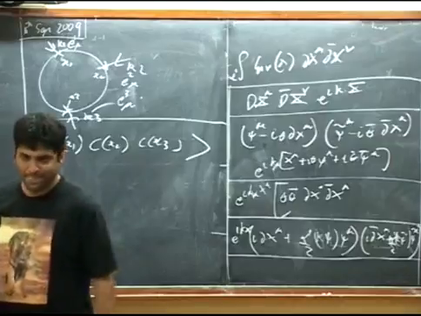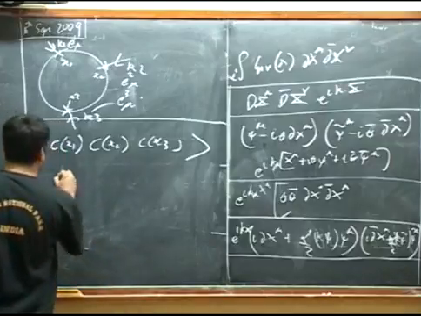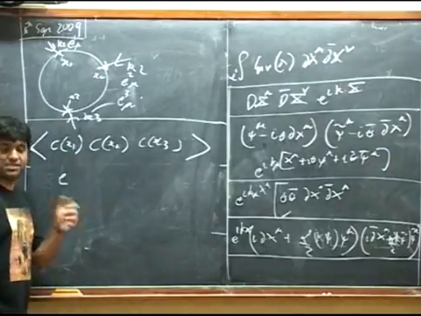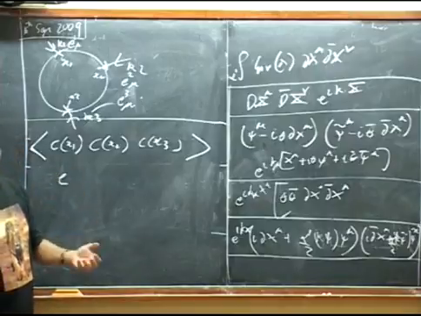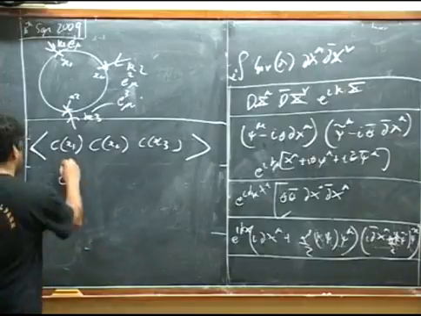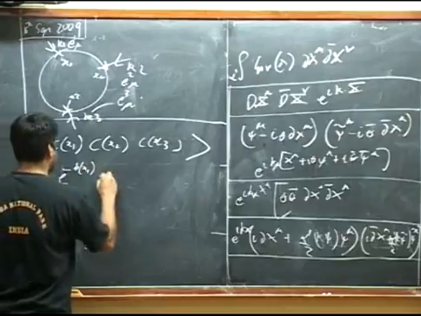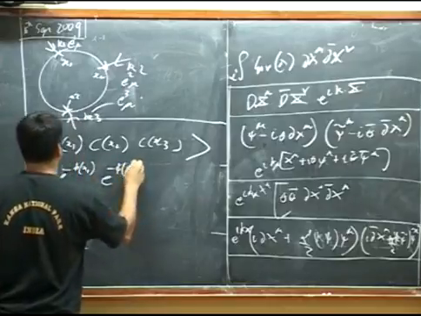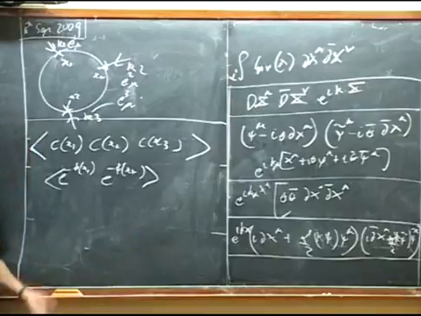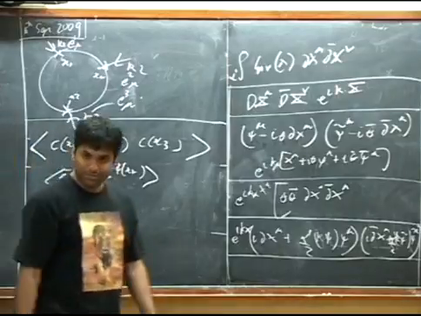So the only ghost dependence will be e to the power -phi for the first 2, so e to the power -phi of x1 and e to the power -phi of x2. This is what we need for the superconformal ghost part.